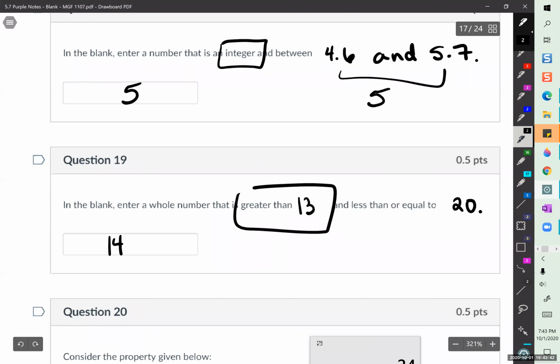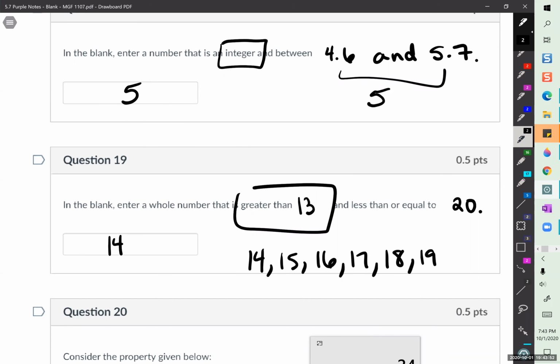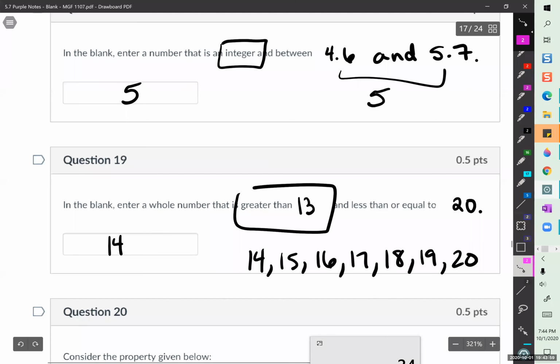Okay, so 14 is the first one that we could type in. I could type in 15, I could type in 16, 17, 18, 19. Now we need to be cautious. Less than or equal to 20, is 20 okay? Yes, because it's or equal to. So of course, don't type all of these, but if people typed any of these, they would get full credit for this problem.